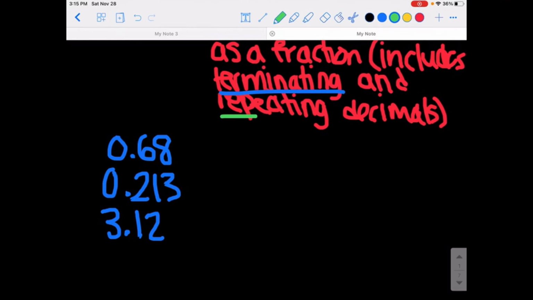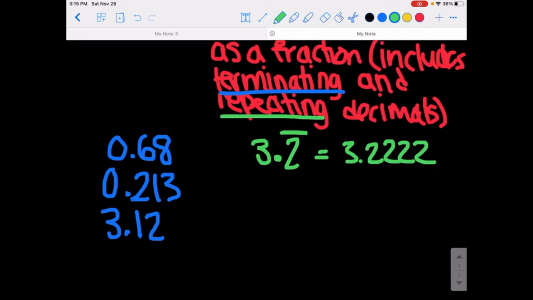Repeating decimals are decimals that keep on going forever, but they have a pattern. So what I mean by that is like 3.2 with a line on top of the 2. That really indicates that it is 3.2222, and I know it's going to keep being 2s.